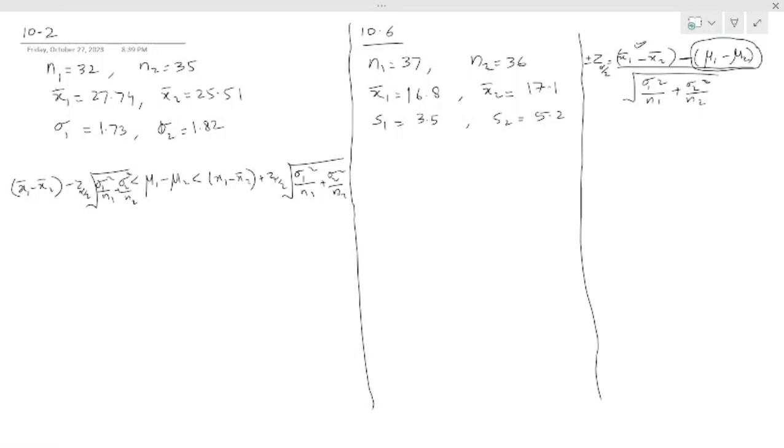Sigma 1 is given as 1.73, which indicates $1,730, and the population standard deviation for group 2, the liberal arts graduates, has a greater value. It is mentioned as 1.82, representing $1,820. Now we substitute the values in their places.